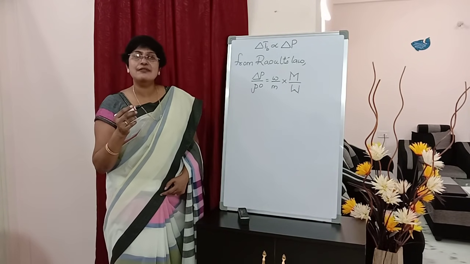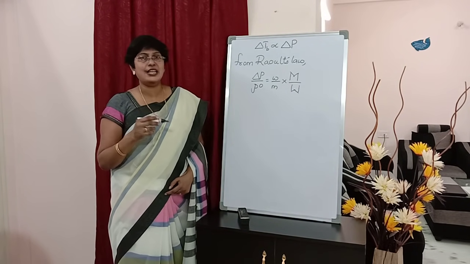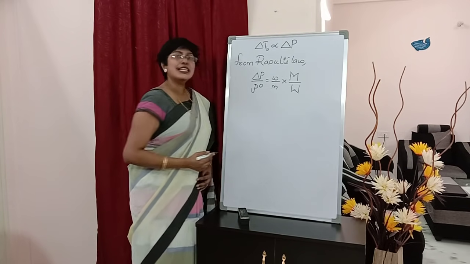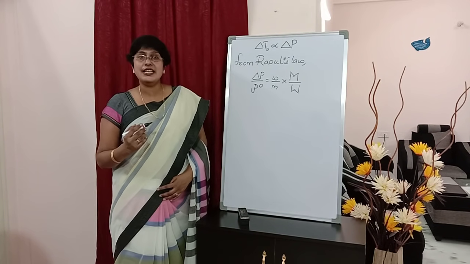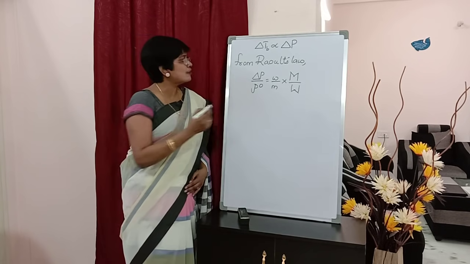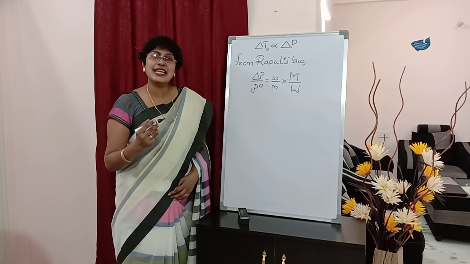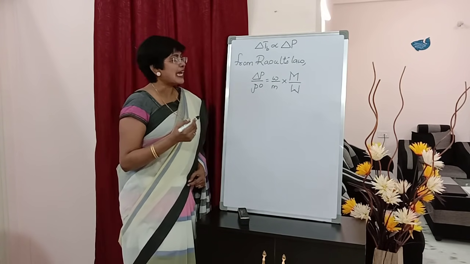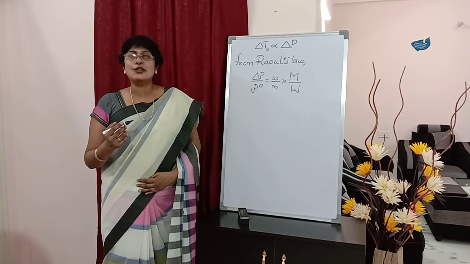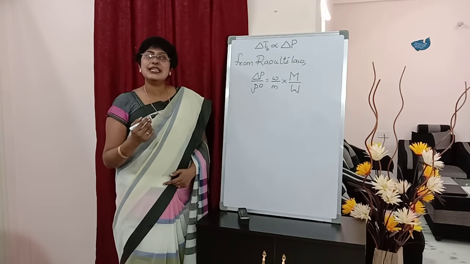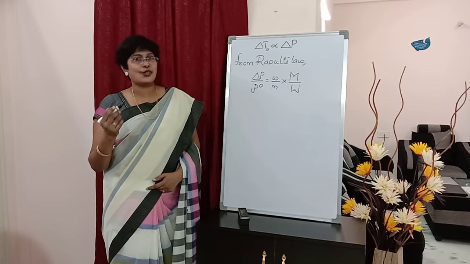That quantity we call relative lowering of vapor pressure. What is small w, students? Weight of the solute. Small m, molecular weight of the solute. Capital M, molecular weight of the solvent. Capital W, weight of the solvent.